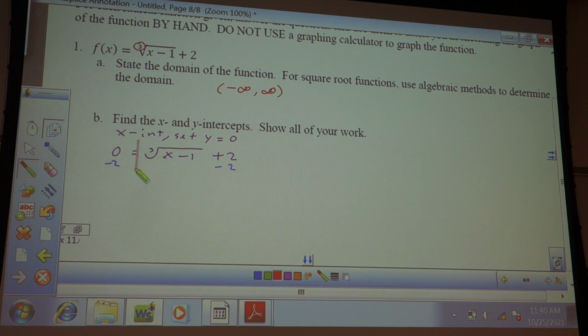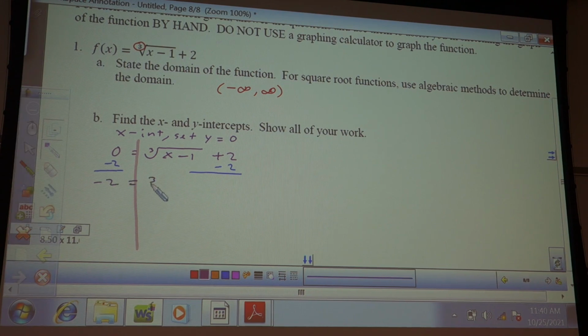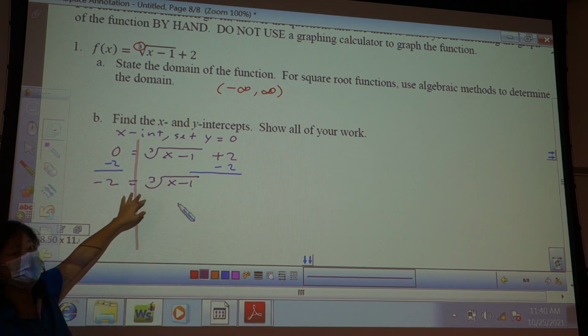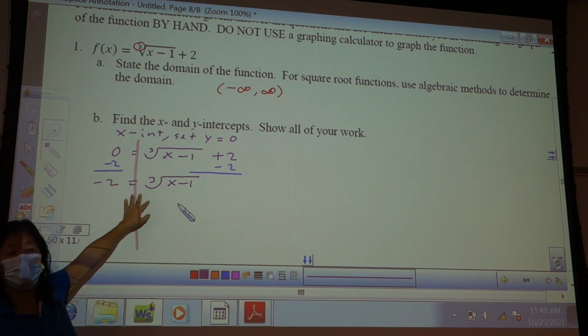Let me draw my little line for success. So if you can help me check and make sure everybody's doing whatever they need to be doing. So I get negative 2 equals cube root of x minus 1. Very close, very awesome.